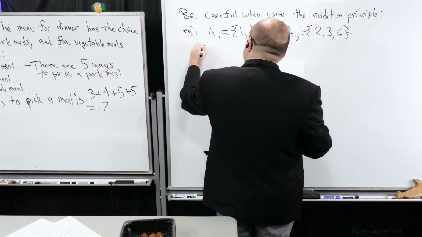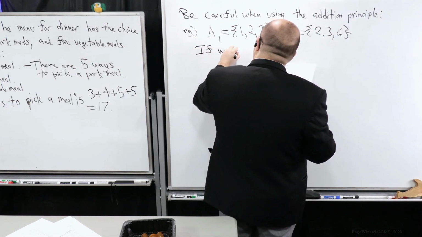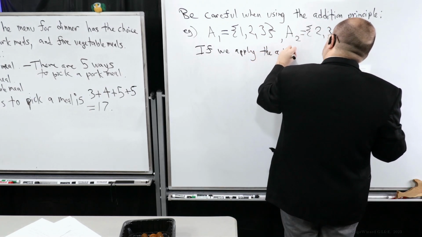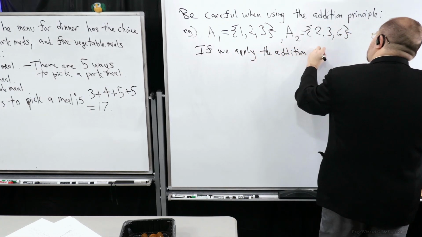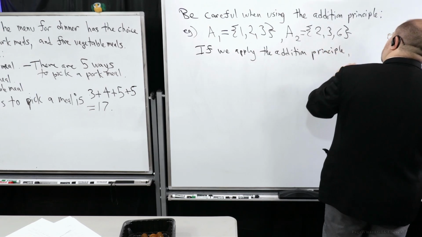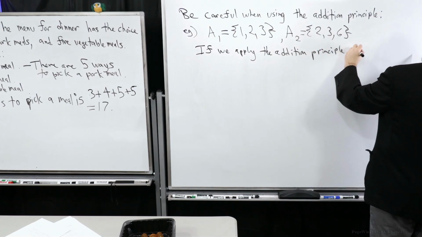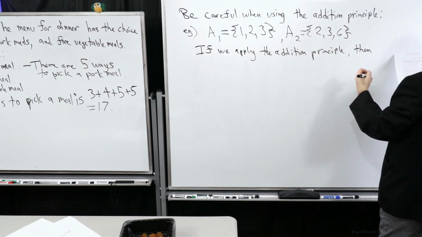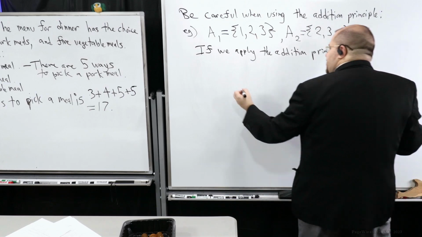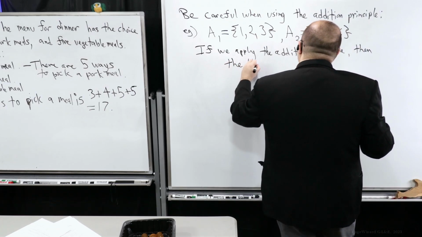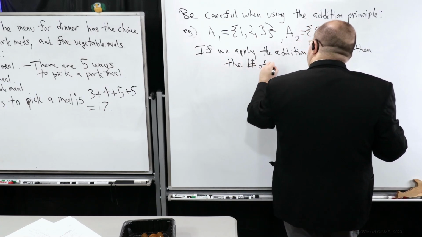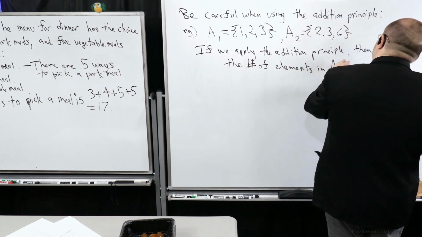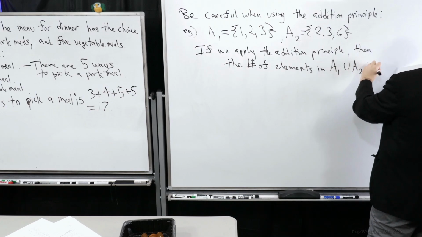So if we apply the addition principle, then what does it say? It says that the number of elements in A1 union A2 is what?